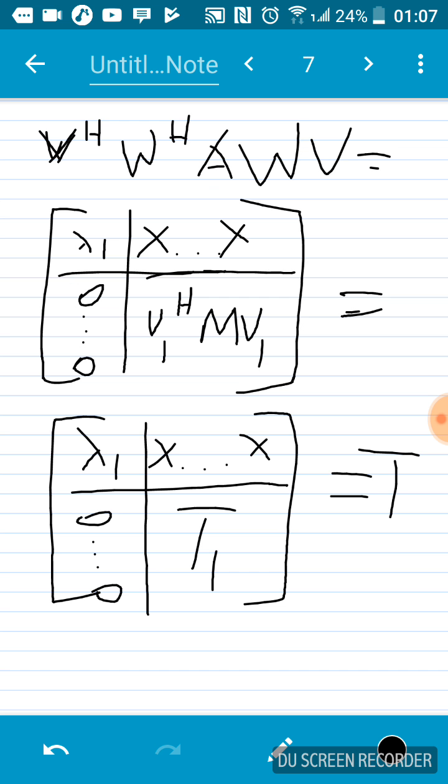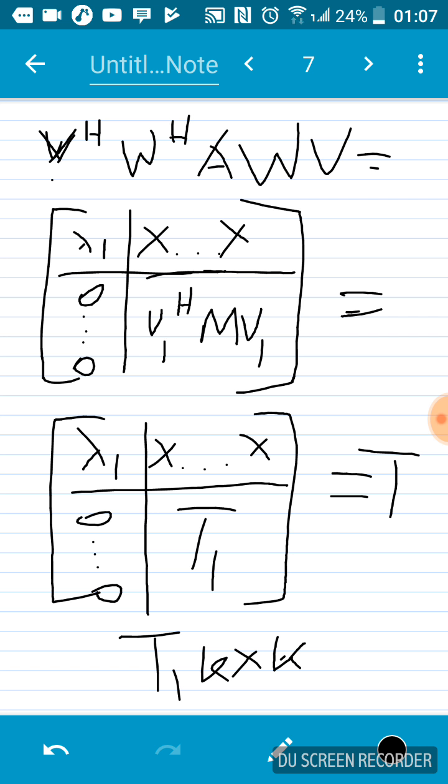Now when we multiply V conjugate transpose with the others, as you can see, W and V are both unitary matrices. When we multiply them, we get an upper triangular matrix that we can call T. As you can see, T1 is also a k by k matrix.